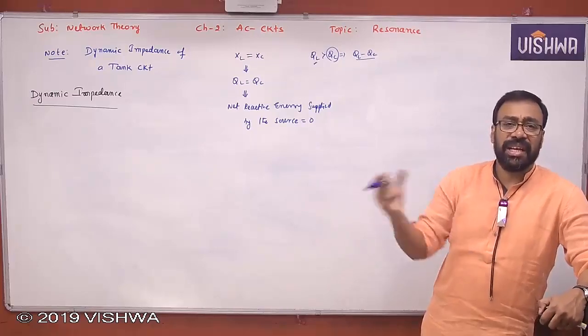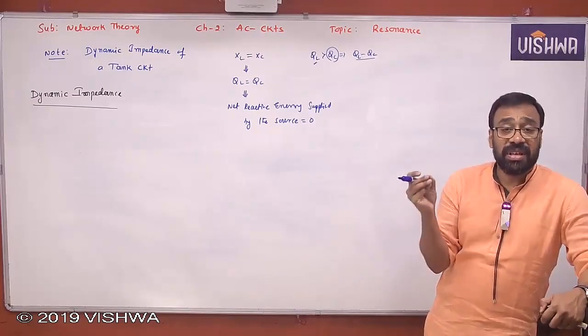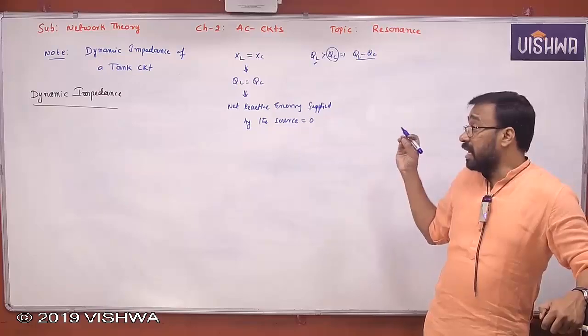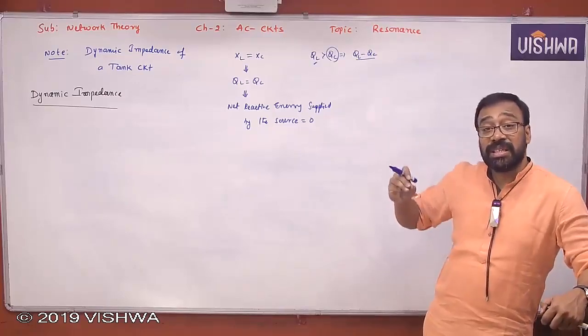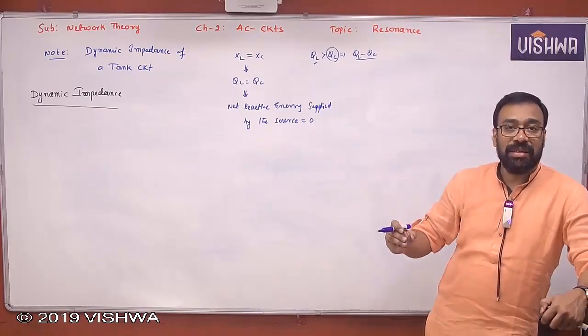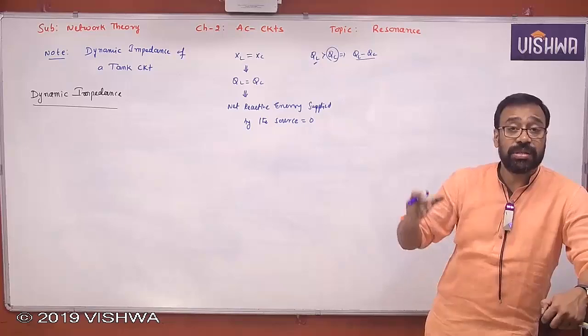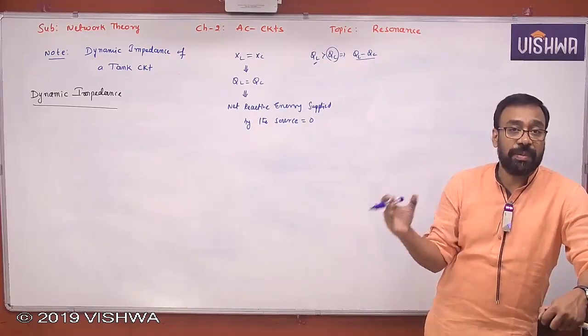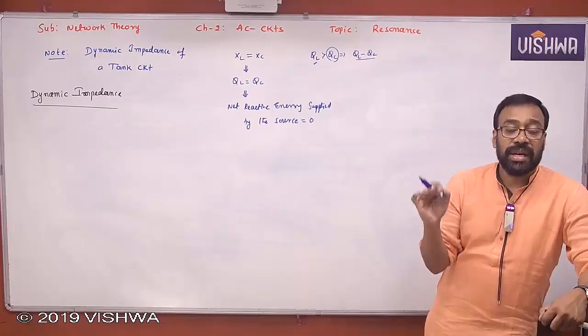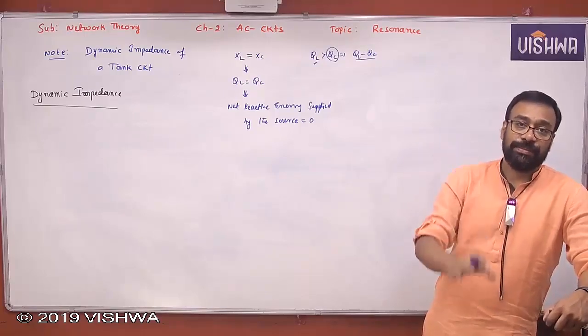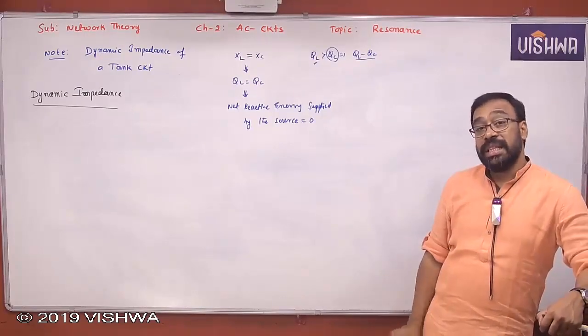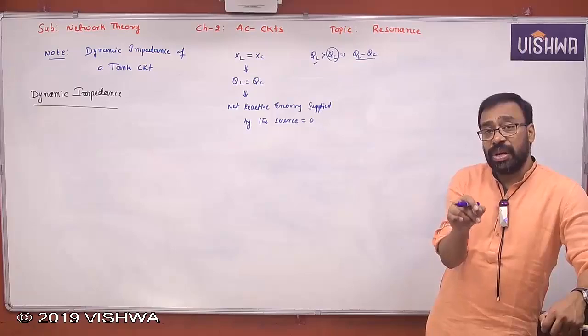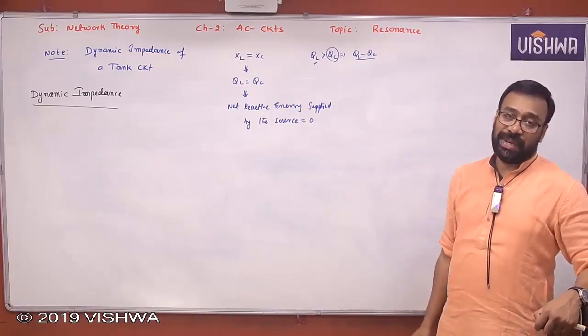It is continuously taking place. Therefore, this scenario is called dynamic. When there is a continuous exchange of reactive energy or power between inductor and capacitor, the circuit is said to be dynamic. Understand all of you? Okay. The impedance offered by the circuit in this situation is called dynamic impedance.